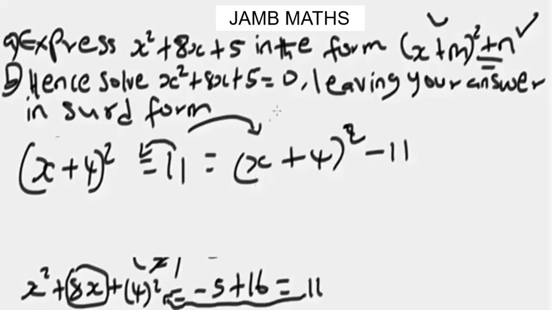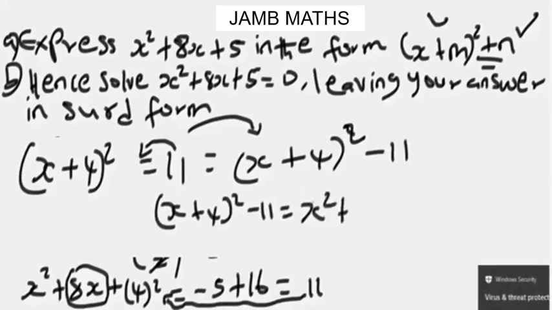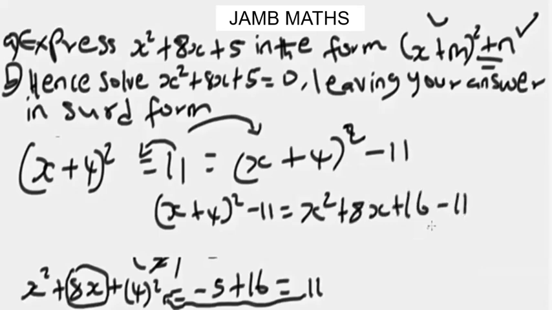Now, if you want to verify this, (x plus 4) squared minus 11 is the same thing as the original expression: x squared plus 8x plus 16 minus 11. So we need minus 11 to complete this square. This is the same thing as x squared plus 8x, and 16 minus 11 gives us plus 5.